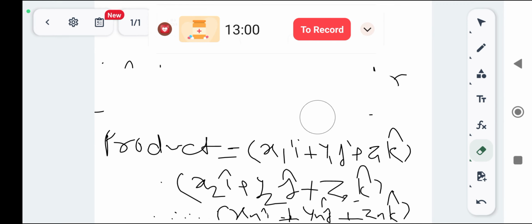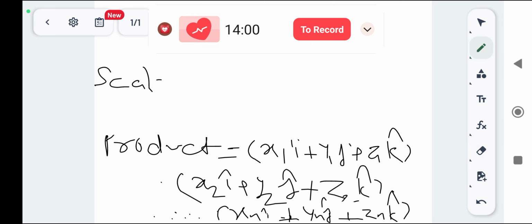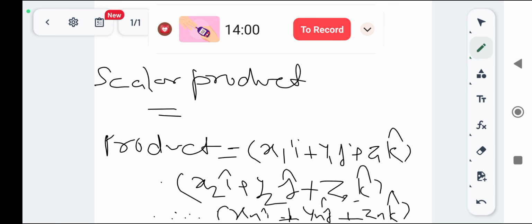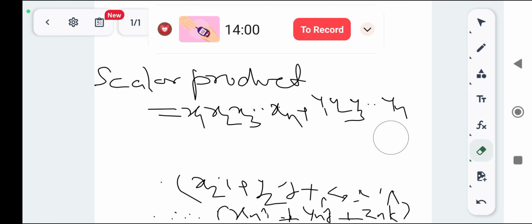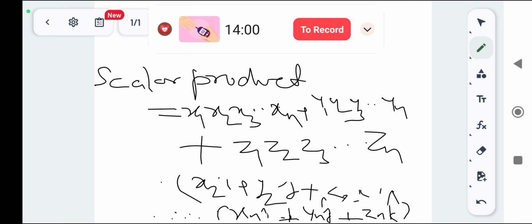Then what happens? The scalar product is equal to x1 x2 x3 ... xn plus y1 y2 y3 ... yn plus z1 z2 z3 ... zn, and so on.